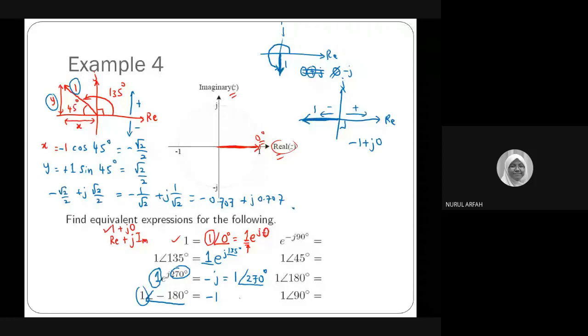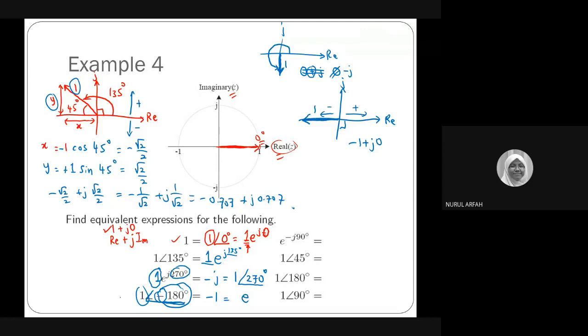And then what about the exponential part? You need the exponential, okay. But what about in front here? Amplitude. Negative 1. If you use negative 1, you need to also consider the phase part. You have to have J 180 degree.